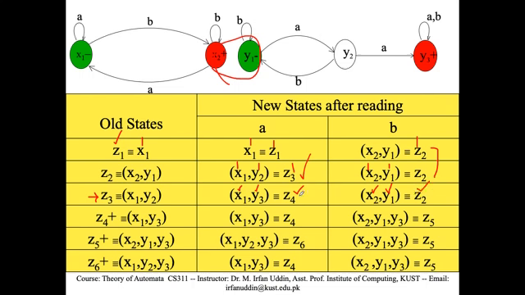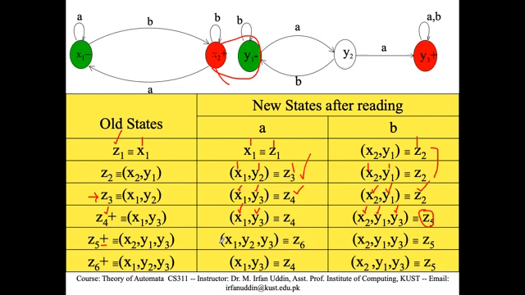Now this Z4 is a new one, so we take it. It is X1, Y3. X1 reading A, we go to X1, and Y3 reading A, we go to Y3. This is Z4. Now X1 reading B, we go to X2, Y1, and Y3 reading B, we go to Y3, which is a new state, so we name it Z5.